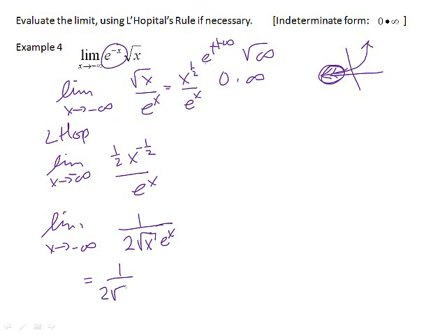So 1 over 2 square root of infinity is just going to end up being infinity, isn't it? No matter what I do to the bottom, it's going to end up as infinity. So I'd really have 1 over infinity, which is 0.